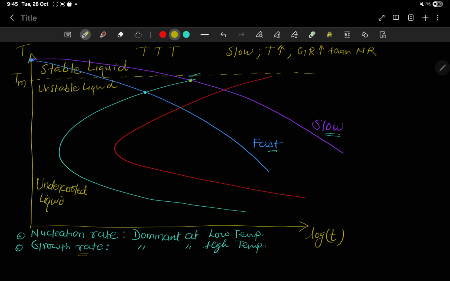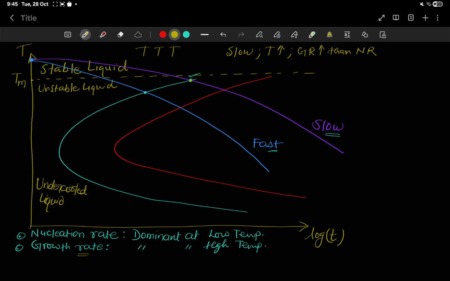Okay, what does this mean? That very few nuclei are going to form. Okay, and the small number of nuclei will grow in a very fast manner, and hence we will end up with large grains or coarse grains, right?